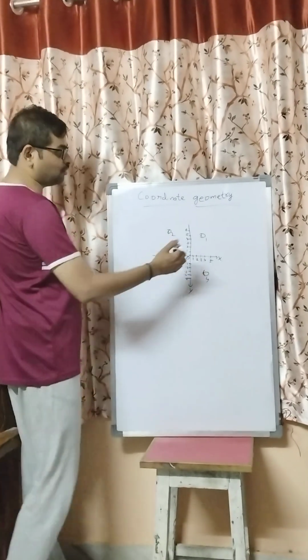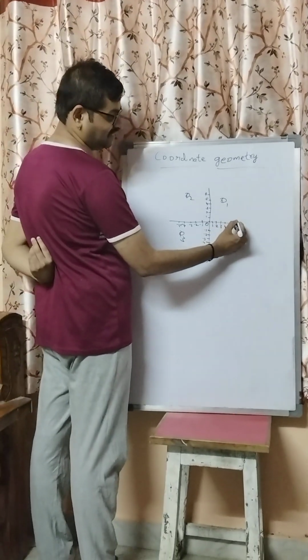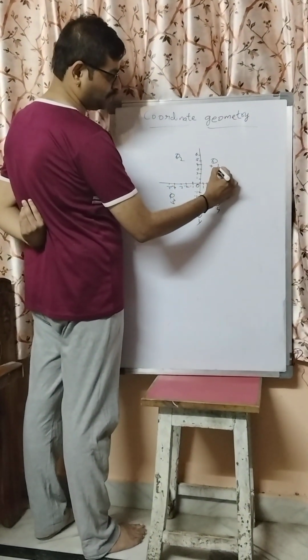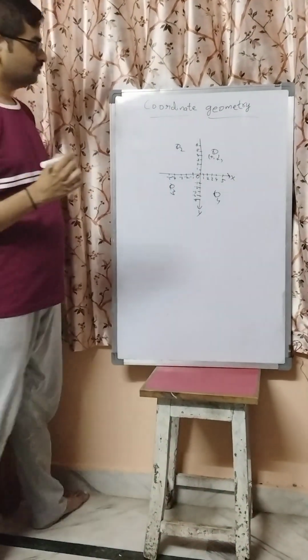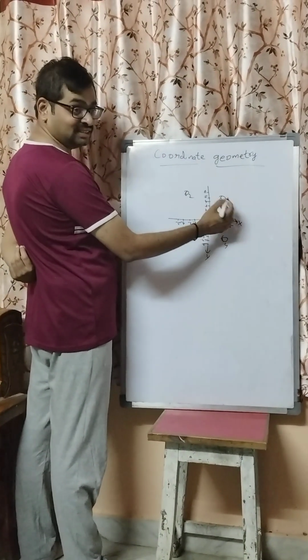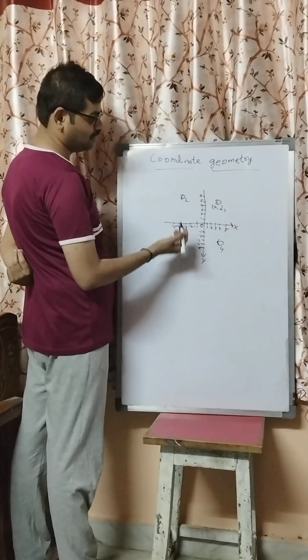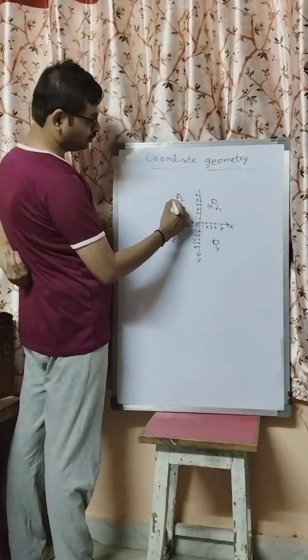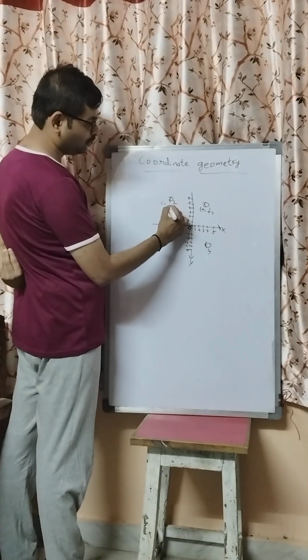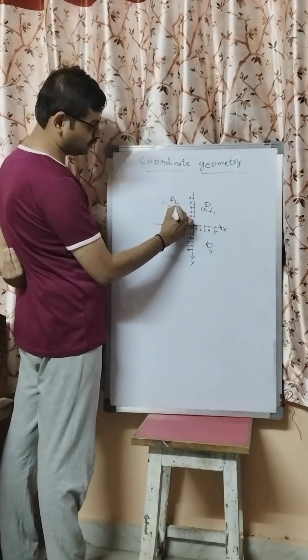So in this Q1 quadrant, the x-coordinate is positive and the y-coordinate is also positive. So when both are positive, the point lies in the Q1 quadrant. What about Q2? In Q2 the x-coordinate is negative and the y-coordinate is positive.